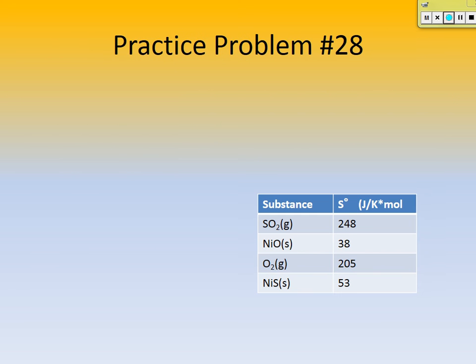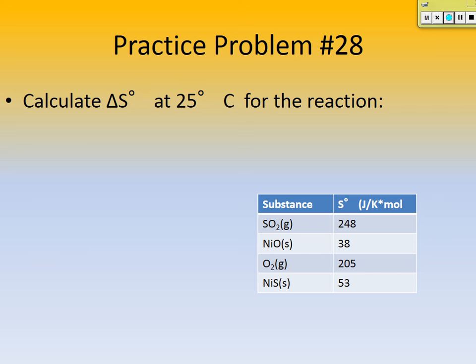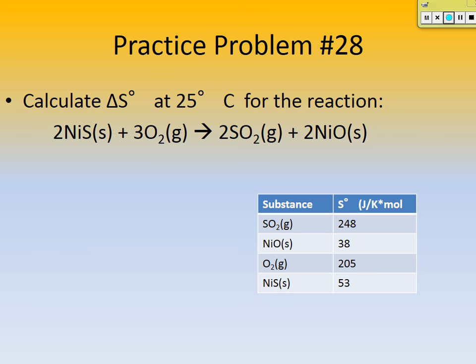Okay. Let's go through an example problem. I'm going to work this one with you guys. It says calculate the change in entropy at 25 degrees Celsius for this reaction. Do you guys remember what this little degree sign means?